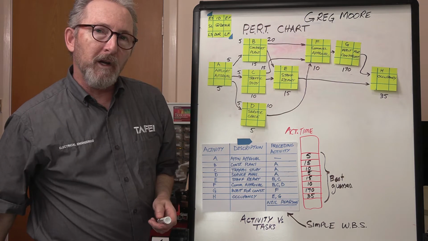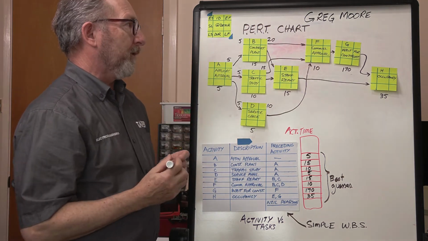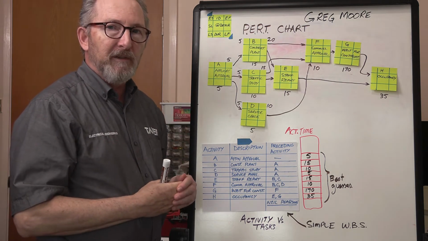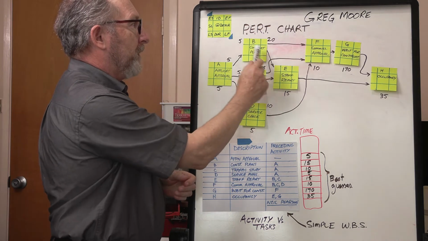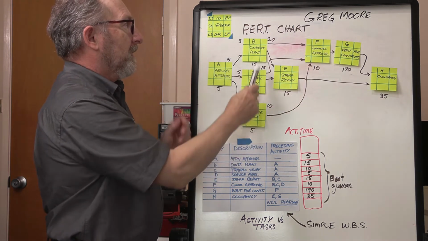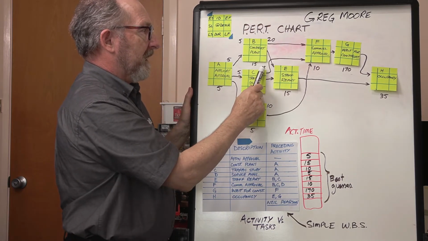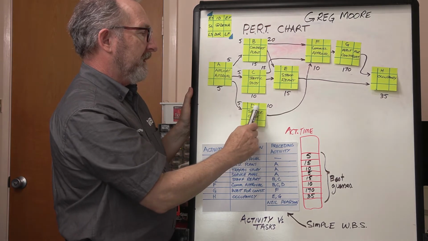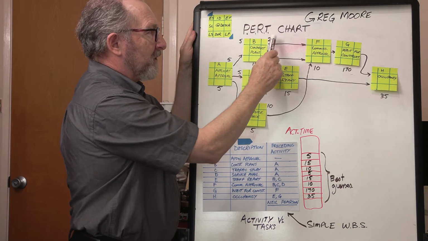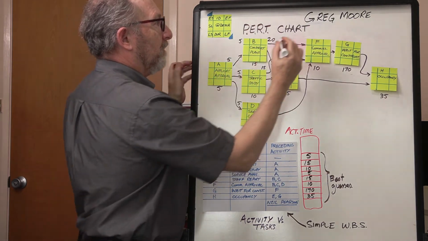Now, when I look at the early start on activity F, commission approval is preceded by 3 other activities. It's preceded by B, C, and D. B has an early finish of 20, C has an early finish of 15, and D has an early finish of 10. We have to take the largest early finish time and translate it across to here.